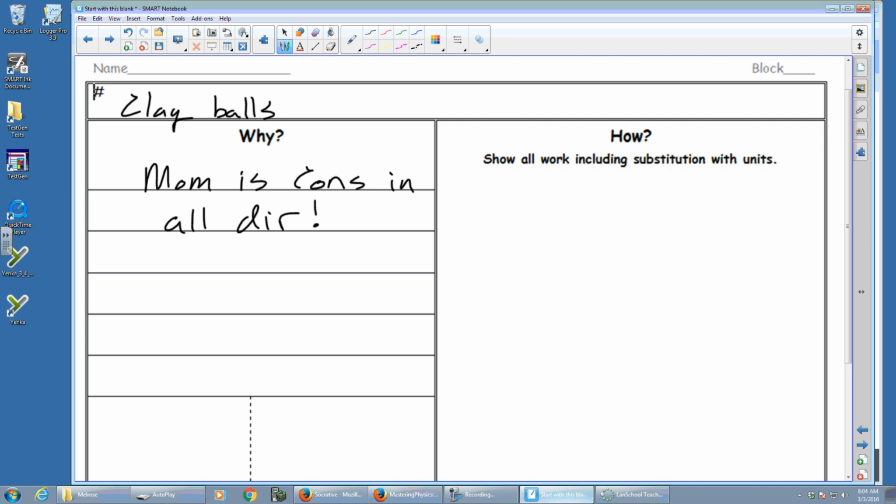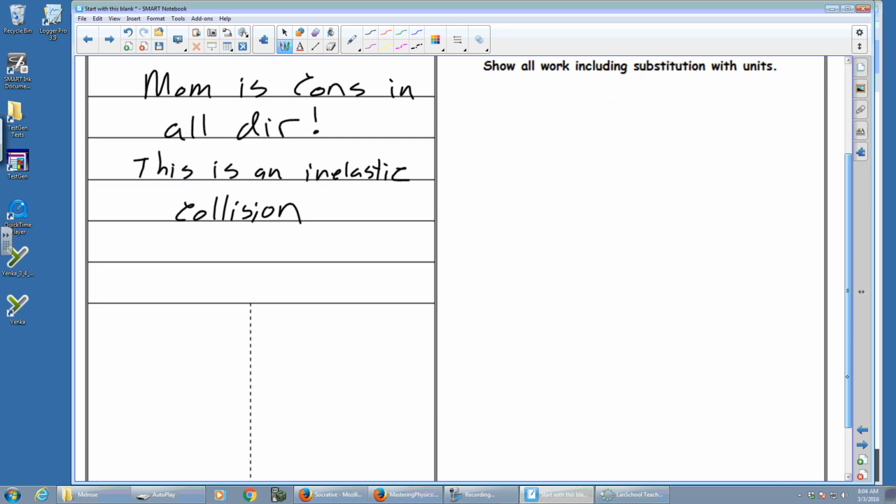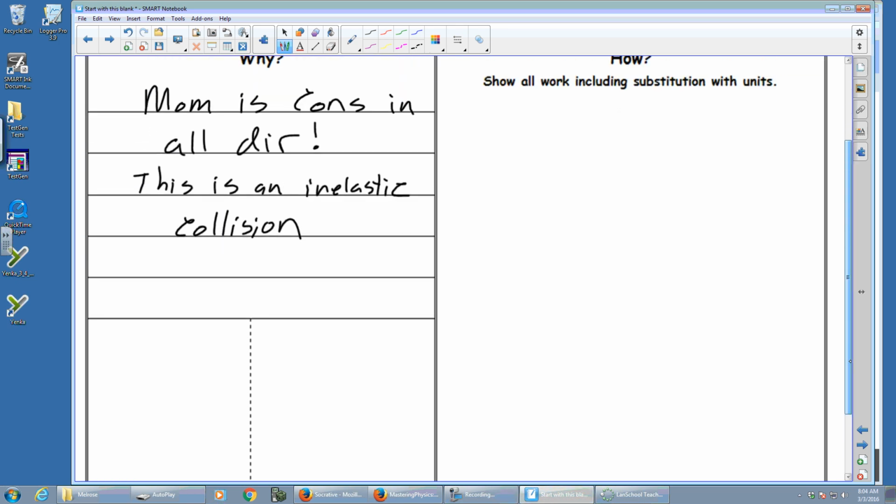And I would probably add in here also, this is an inelastic collision. So I have two objects before the collision. How many do I have after the collision? Just one. Yep. Good. But it has the inertia of both of them combined.